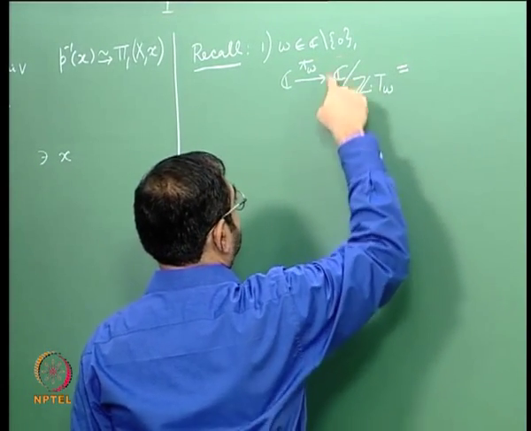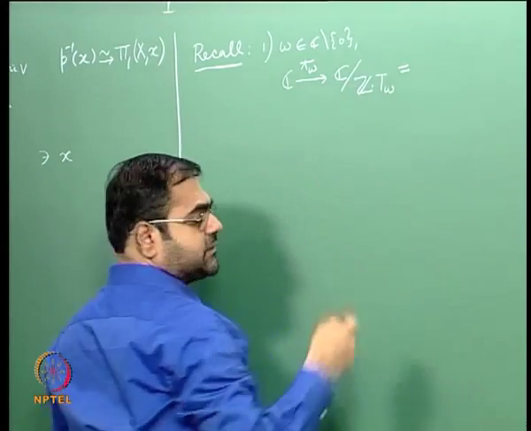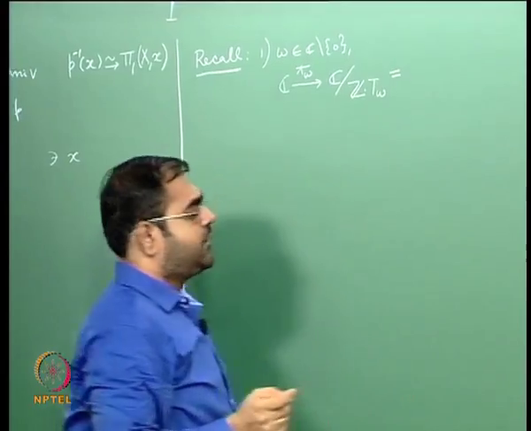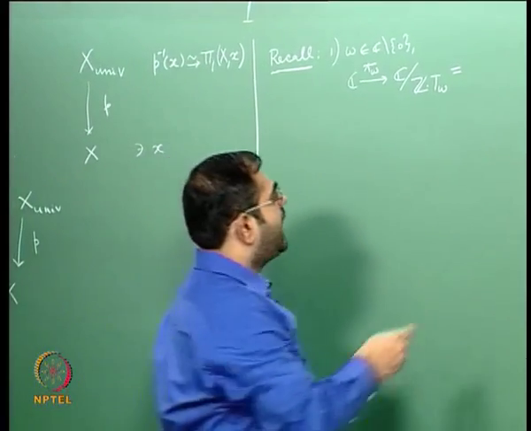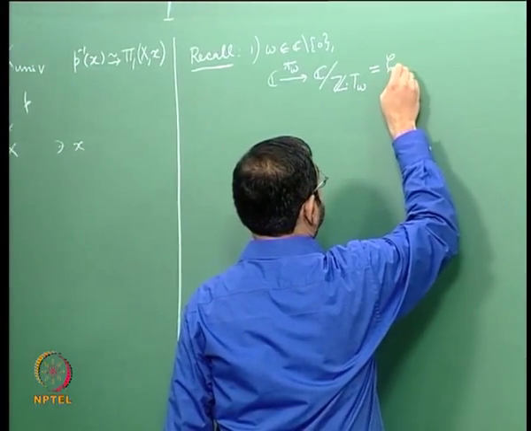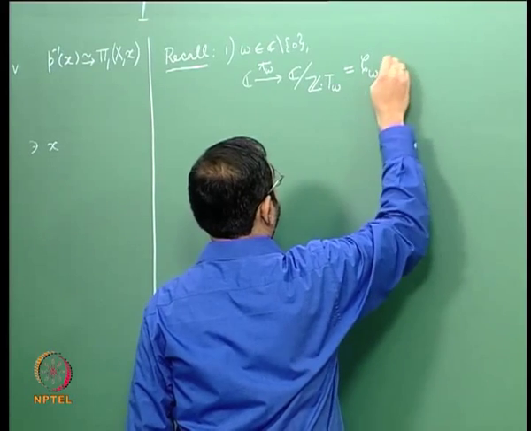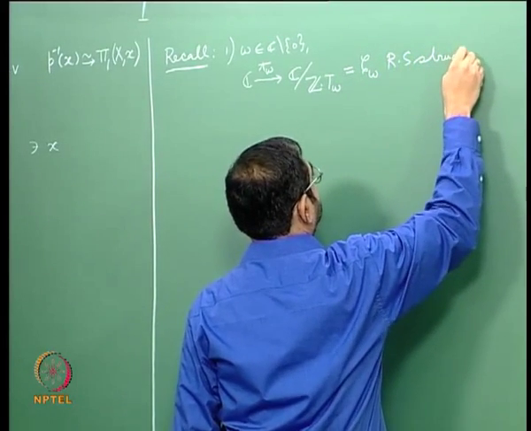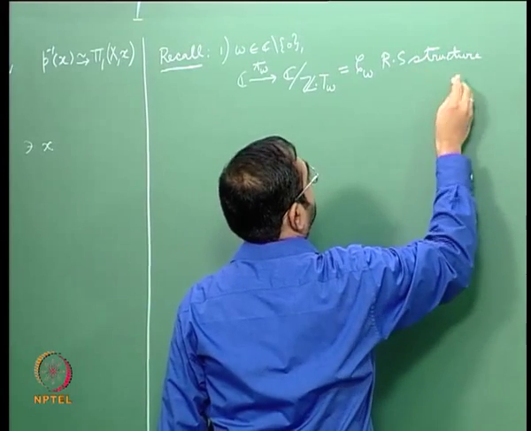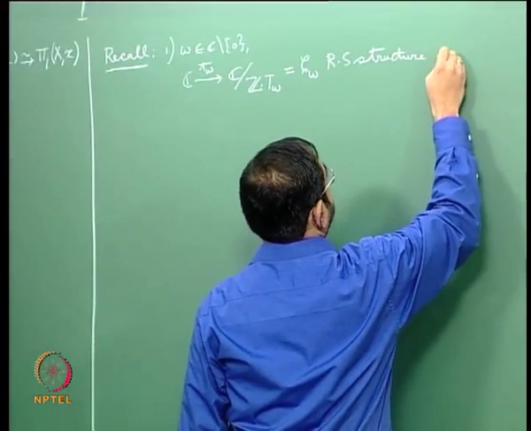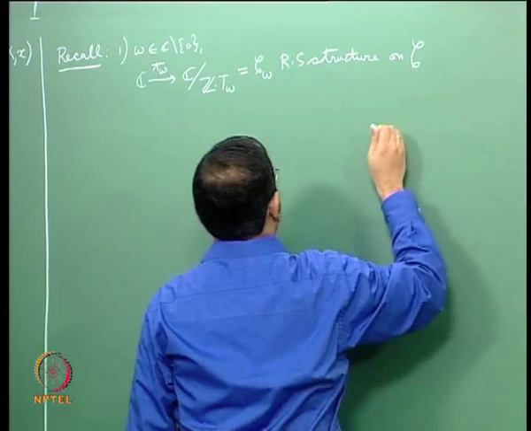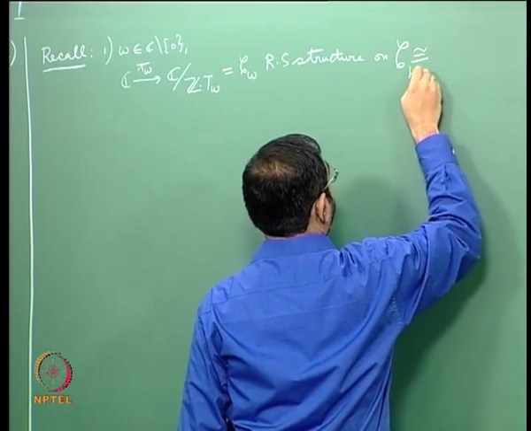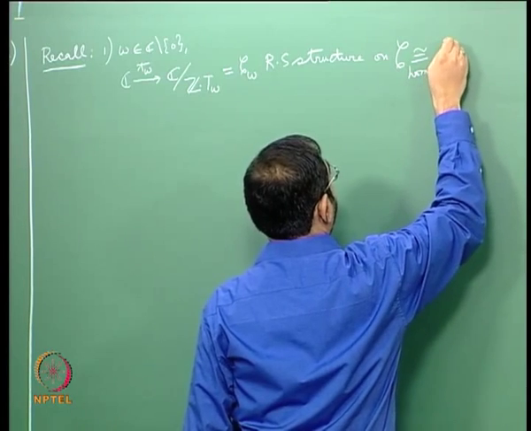This map was into a quotient, and this quotient inherited a Riemann surface structure, C sub omega, on the cylinder, which is homeomorphic to S1, the circle, cross R.